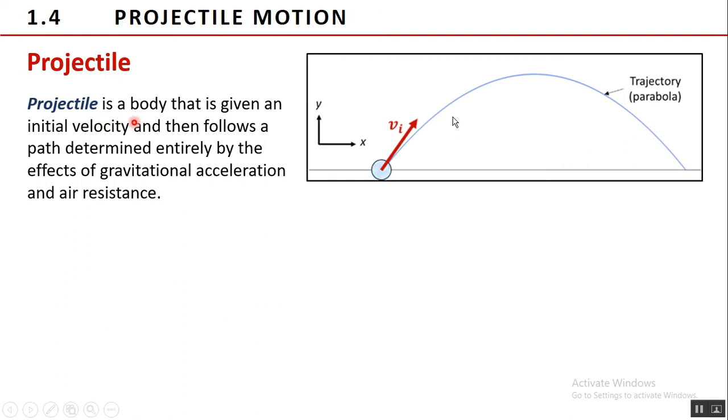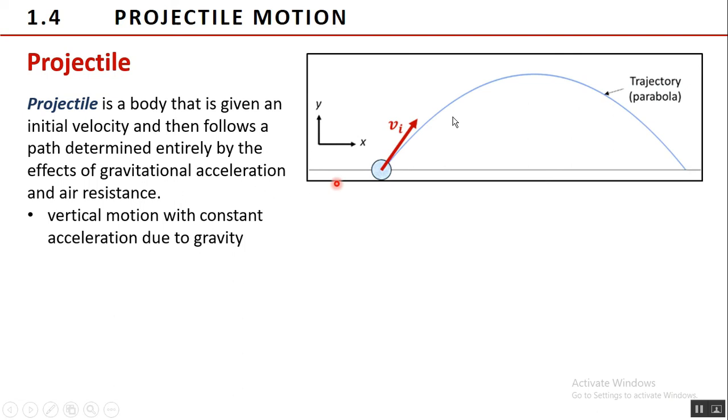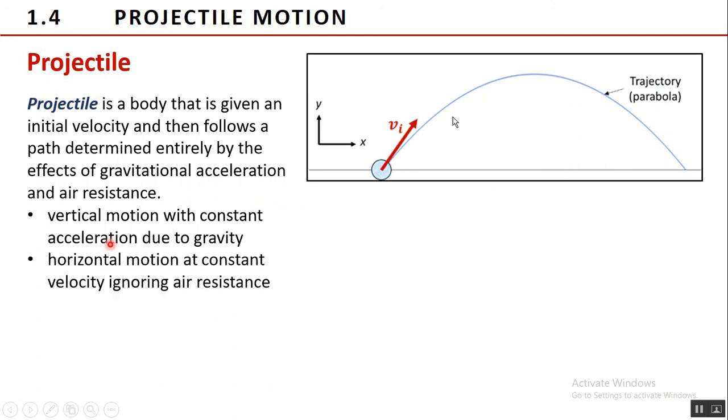A projectile is a body that is given an initial velocity and then follows a path determined entirely by the effects of gravitational acceleration and air resistance. It is a combination of horizontal and vertical motions. In our discussion, we will consider the following assumptions. The projectile moves vertically with constant acceleration due to gravity, that is 9.8 meters per second squared.